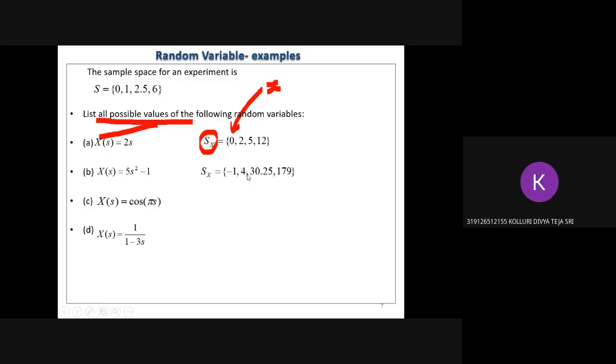Very good. We are just plugging in all the values from s into the function x of s. One more thing to note is that the values of s are all discrete, so as a result the set S_x is also discrete.